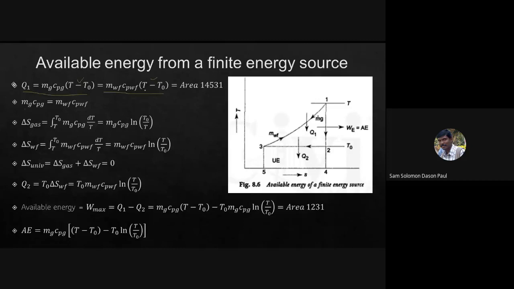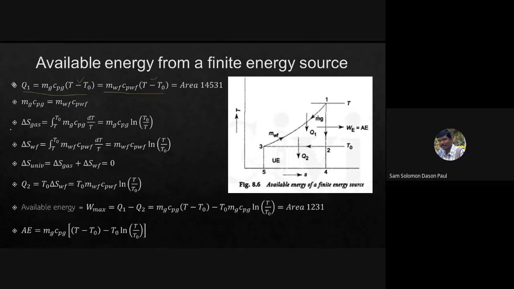So the T minus T naught is same for both the cases, which means this mg Cpg usually has a name called capacitance rate. That you will be doing in heat transfer when you talk about heat exchangers. So this heat capacitance rate, which is the product of mass and the specific heat, mg into Cpg, is equal to mwf into Cpwf. Because the heat energy is the same, these two entities should also be the same.